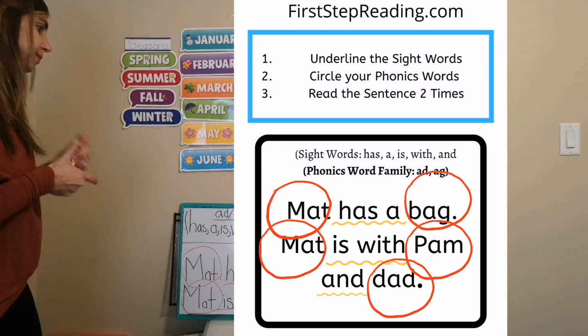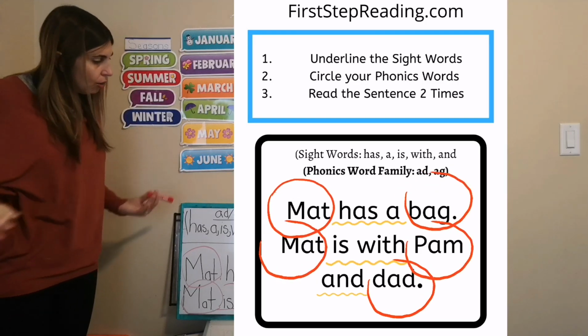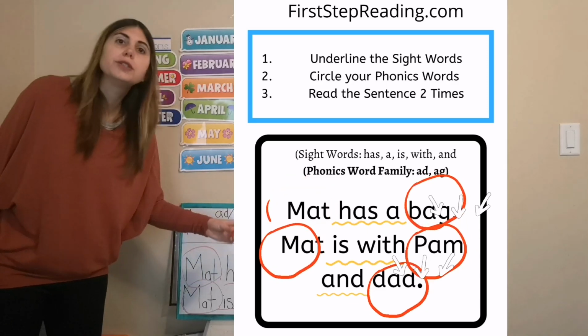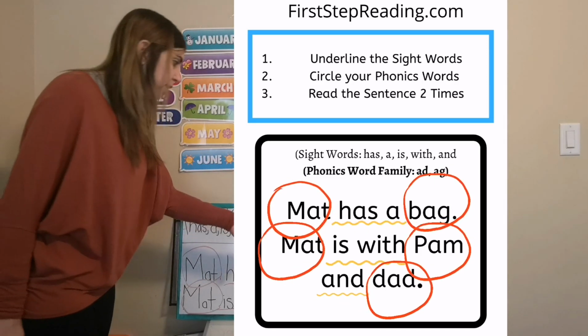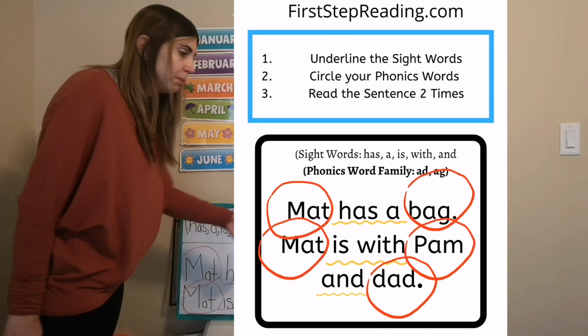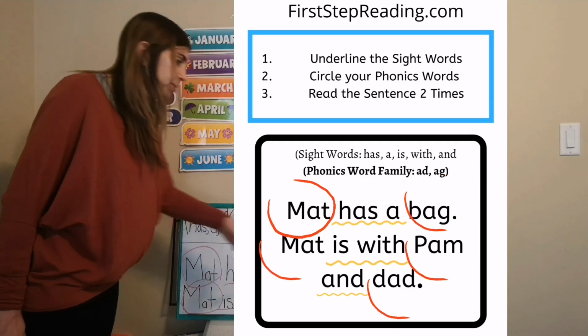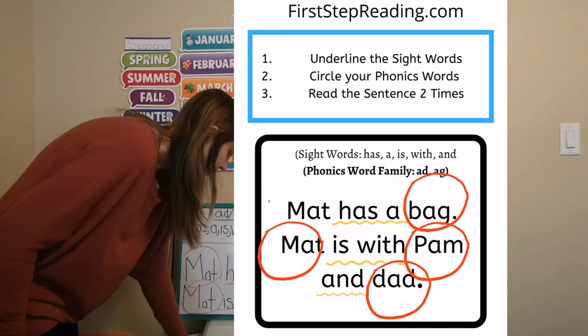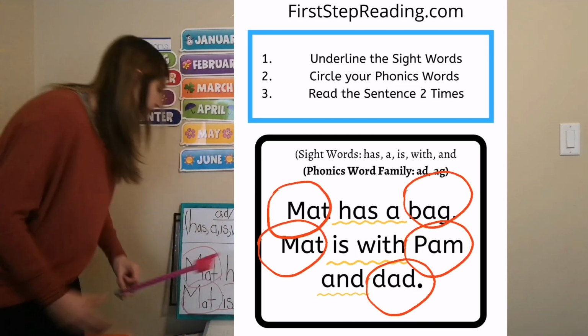Okay? Let's read it together. How many sentences are there? There are two, because there's two periods, right? Starts with a capital, ends with a period, starts with a capital, ends with a period, two times. So that means there's two sentences. So let me read this with you.